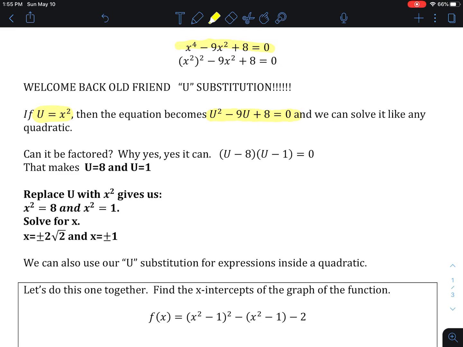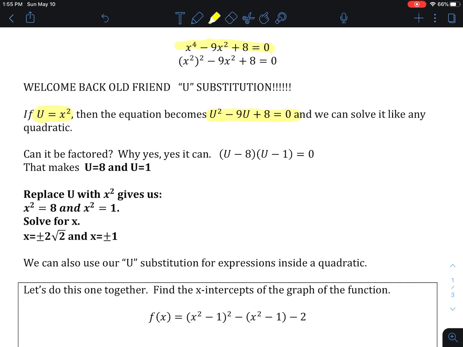If it can be factored, that's generally the approach I'll take first. If it can't be factored, then I use the quadratic formula. And then in a pinch, if for some reason I can't use the quadratic formula, which generally I always can, then I'll complete the square.